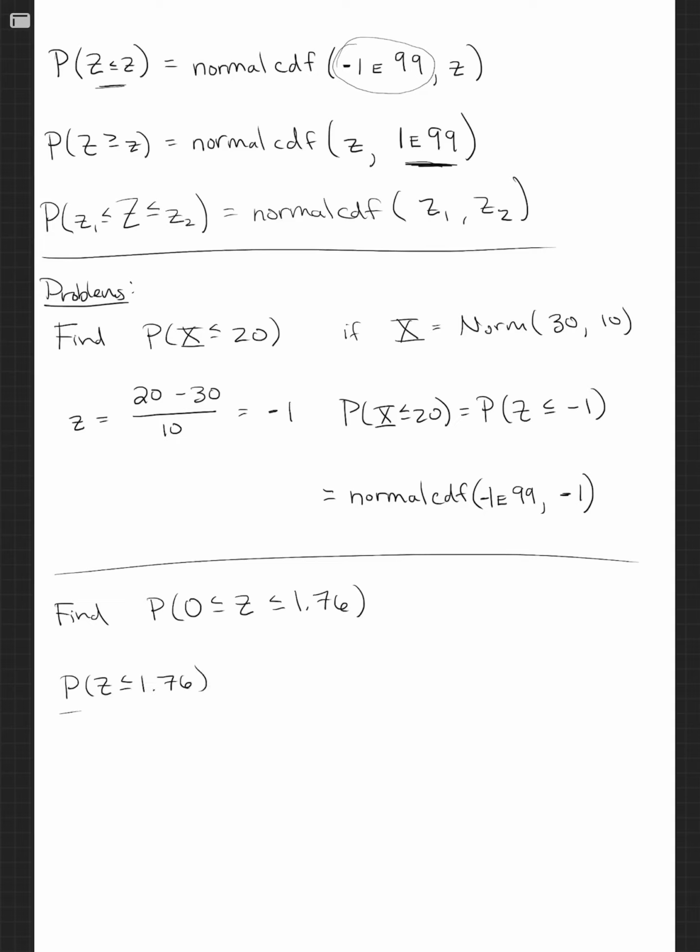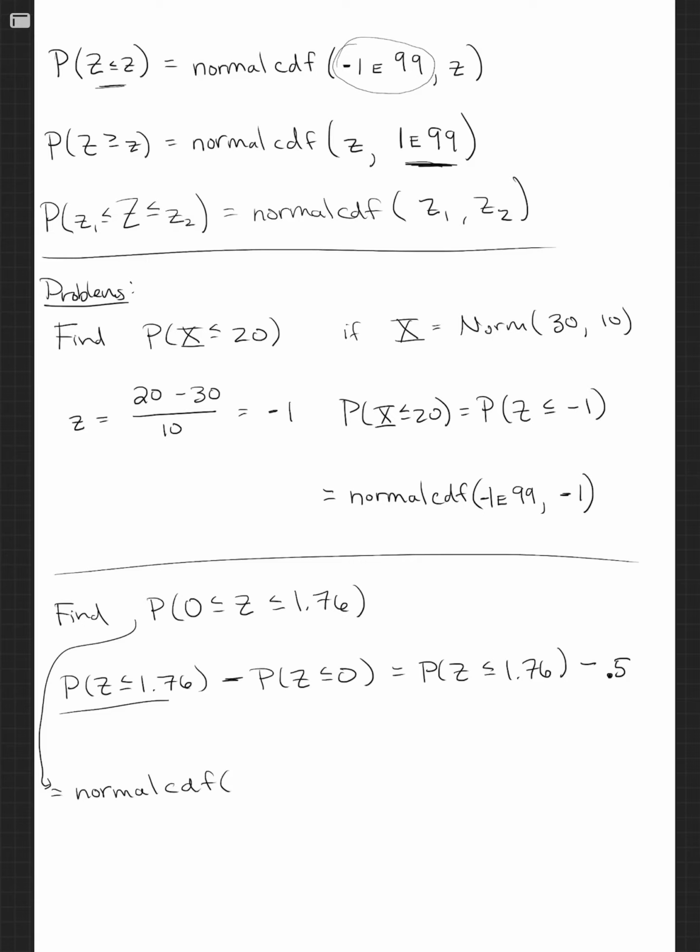Now, again, one of the things we could do is look on our table for this probability and subtract this probability, which I can do in my head. This is 0.5. So really, we only need to look up one of these, because the mean is always going to divide your probability in half.